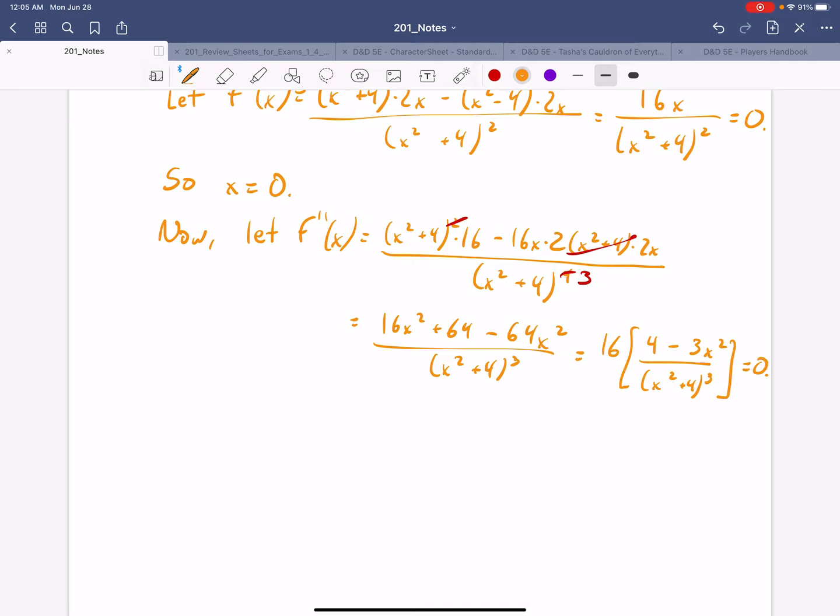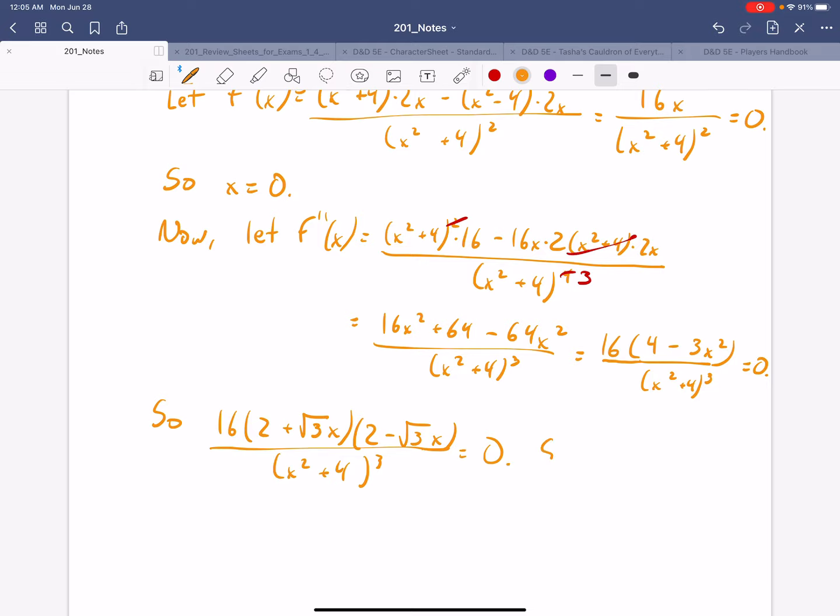Now, if you notice, the bottom never equals 0, so we're worried only about the top, the numerator. So just to show you, pulling out the 16, maybe that's confusing to do in the whole big print. We can just factor it out at the top. If the brackets are a little weird, then we can just do it like this. So 16 times 2 plus root 3x times 2 minus root 3x all over x squared plus 4 cubed equals 0.